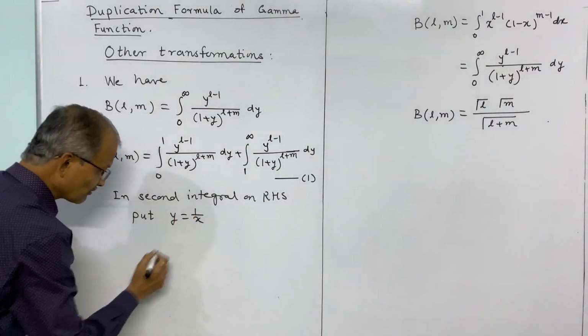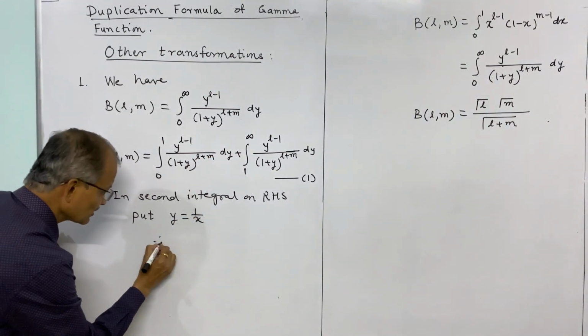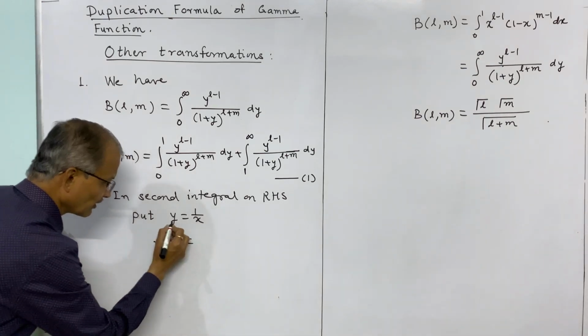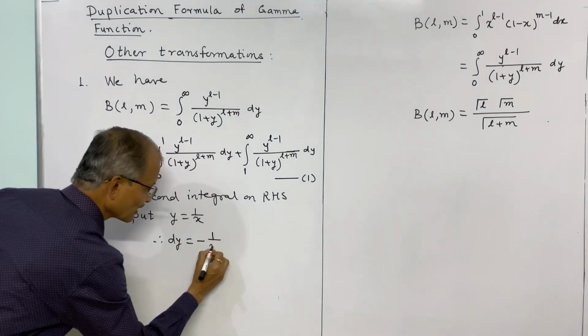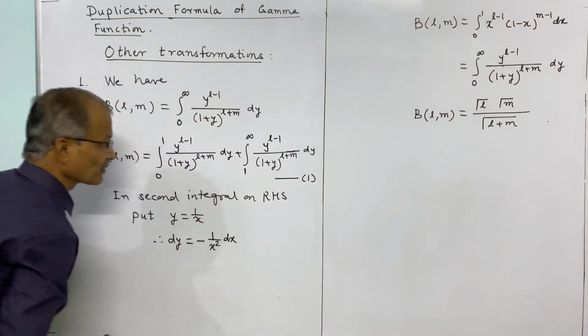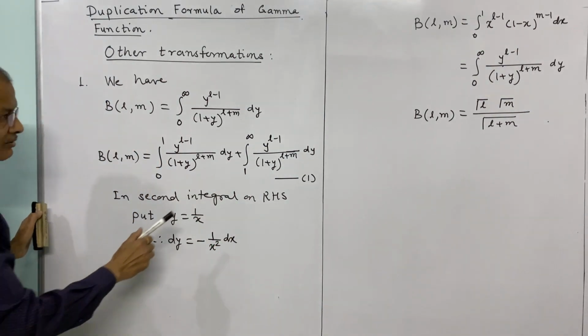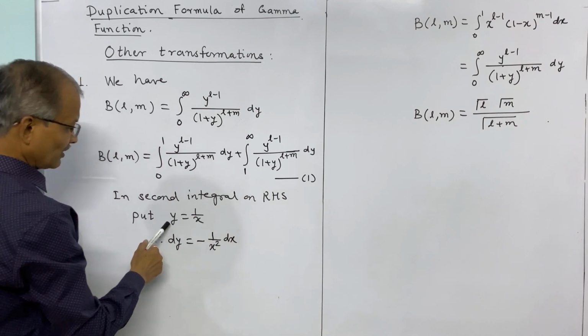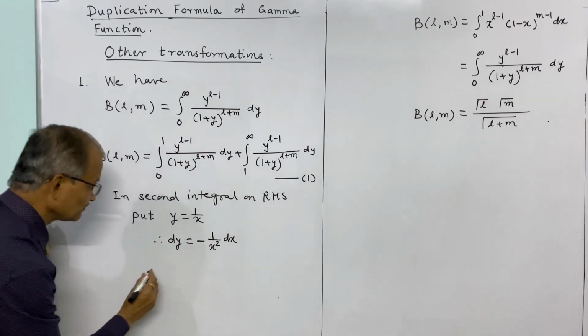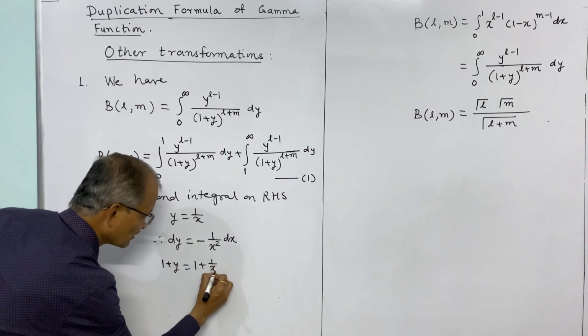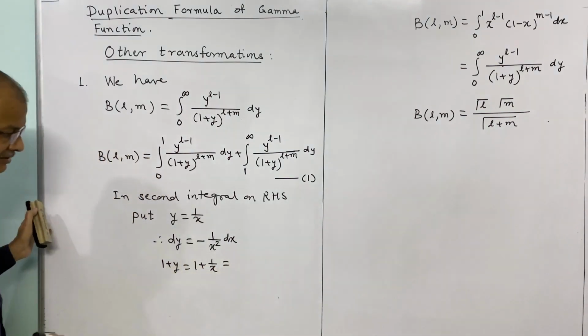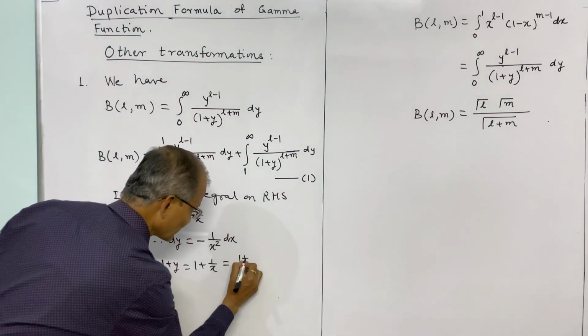So if y is equal to 1 upon x, what is the derivative here? dy on the left side, and on the right side minus 1 by x square into dx. Also 1 plus y will be 1 plus 1 by x, or that will be x plus 1, or 1 plus x divided by x.